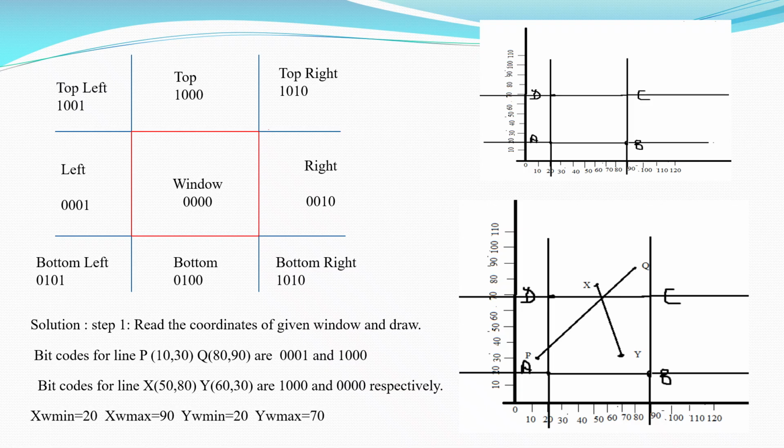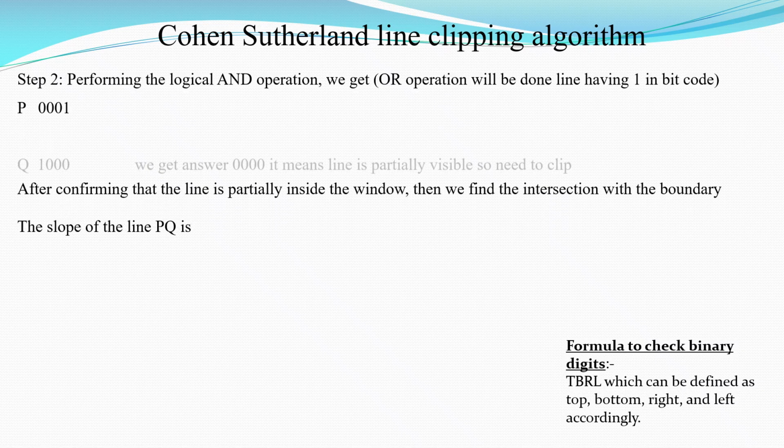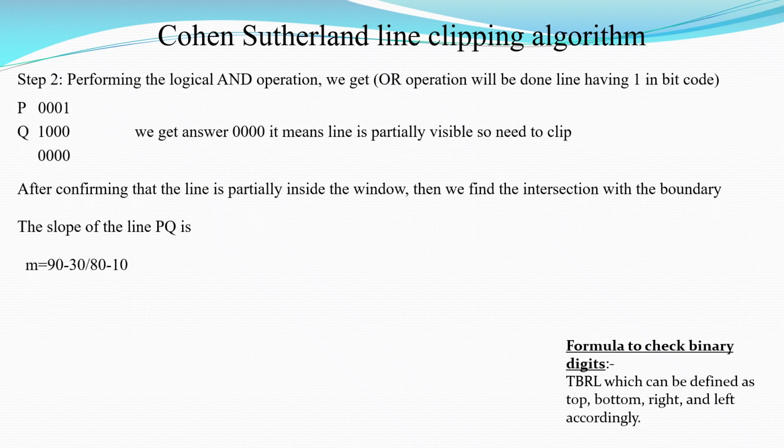What is the next step you have to perform? Once we get the region codes for the line PQ, we check: if both end points have the same value 0000, then it is fully visible.